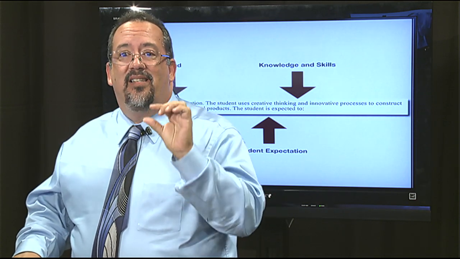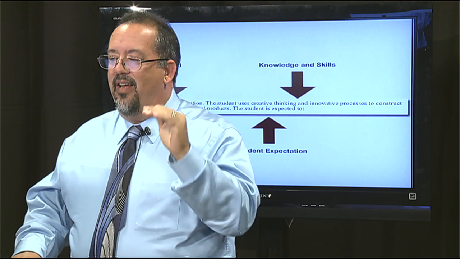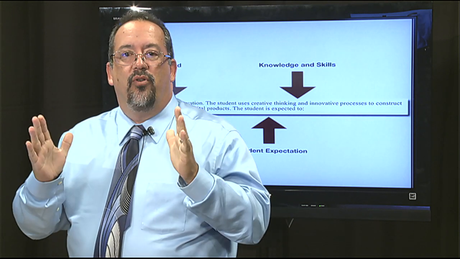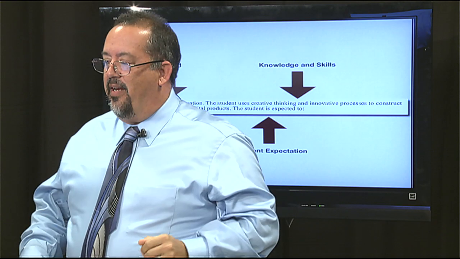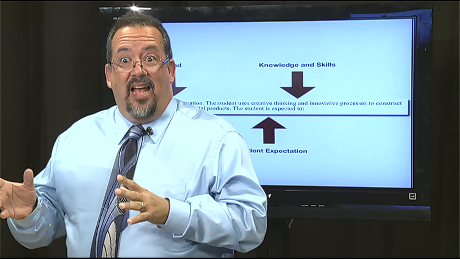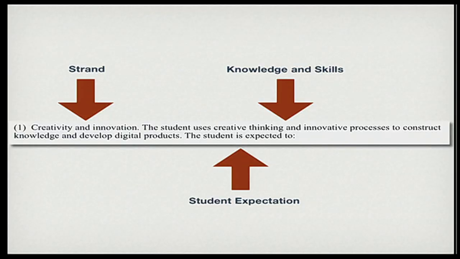Each one of the TEKS, when they go to each strand, has that knowledge and skills statement that introduces the whole rest of the strand underneath that. And then the last part of this statement says, the student is expected to. That's where you know that the student expectations are beginning to start up. The student is expected to, and then after that we get all the exact student expectation statements.